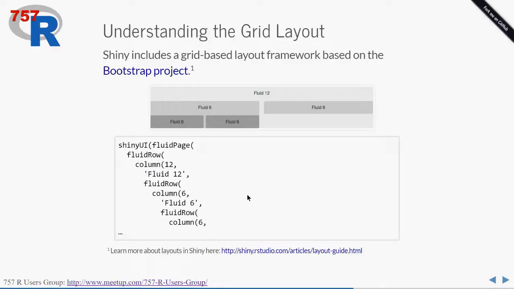There's articles online about how to style your Shiny app, but here's an example where typically your app is 12 blocks wide, and you can specify sub-rows or columns that have any sort of combination of those 12 blocks. And so here's one where it takes the page and makes sure that anything in the first fluid 12 stretches all the way across, and then segments the page in half, and you've got your 6 and 6, and then you've got even 6s within that other one.